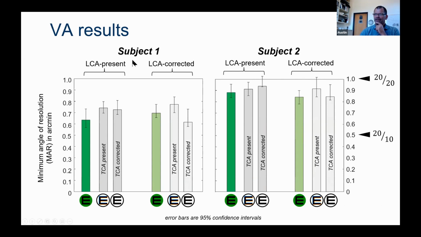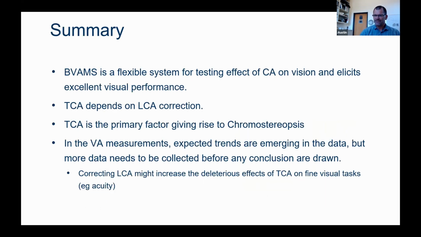And just want to point out that the TCA in subject 1 was higher than it was in subject 2, and that was the subject who benefited more from the combined LCA and TCA correction. But like I said, be careful about taking these as conclusions because we have a handful of subjects. But nevertheless, the expected trends are beginning to emerge in these data.